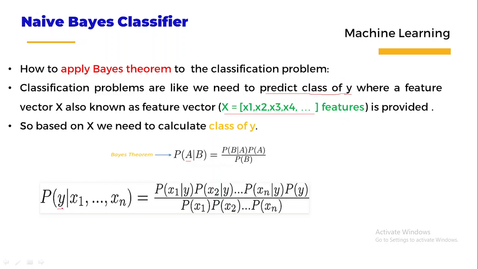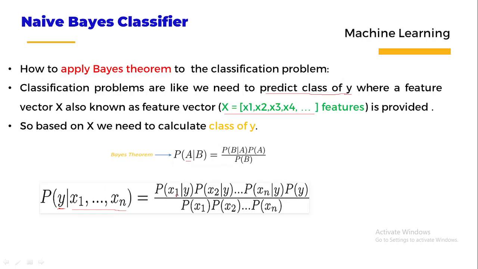I want to predict the class of y, so I want to calculate y given these features, x1, x2, x3 up to xn. Again, we are simply mapping this into the Bayes theorem. So y is nothing but our A, and all these features are nothing but our B.